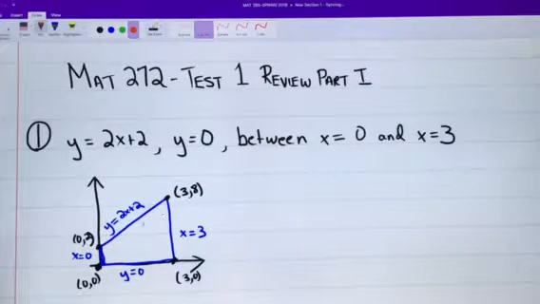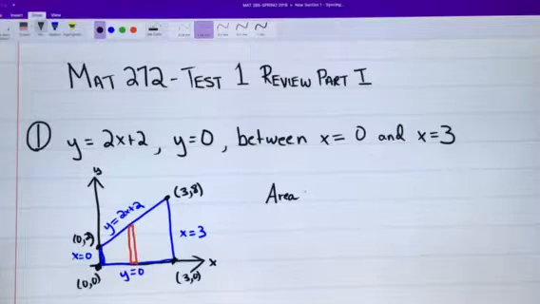Now, in the determination of the area, if you notice between x equals 0 and x is equal to 3, y equals 2x plus 2 is going to be above y is equal to 0. So for the area, we have limits of integration going from x is equal to 0 to x is equal to 3.